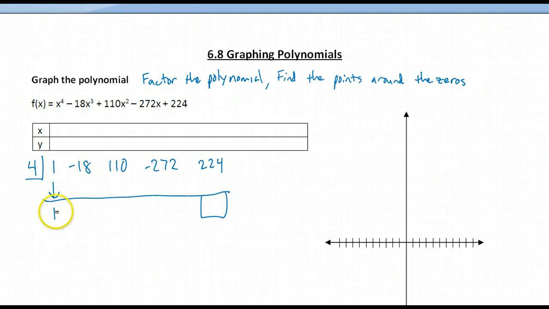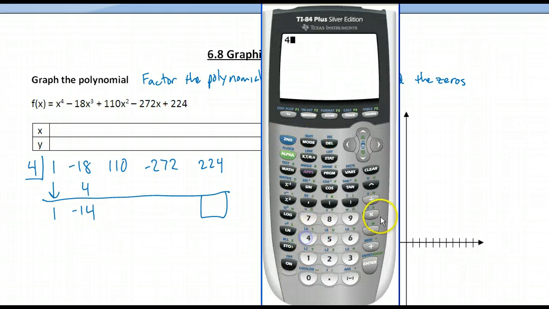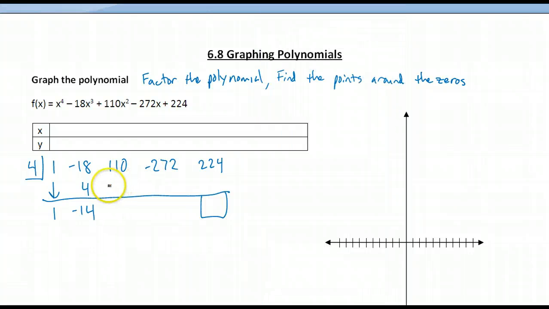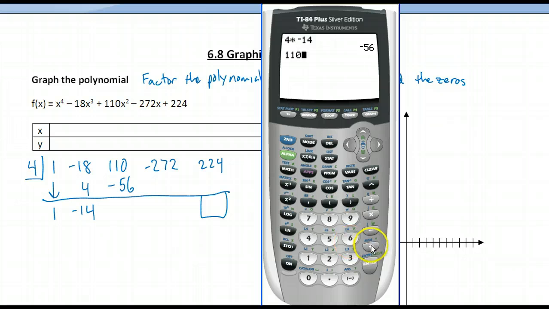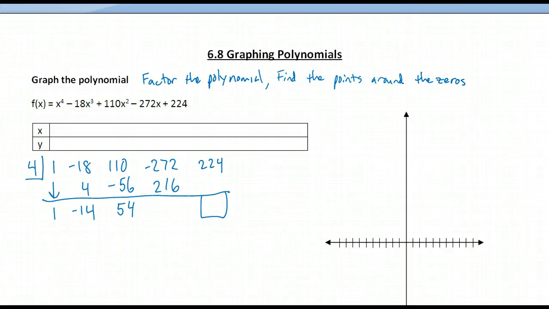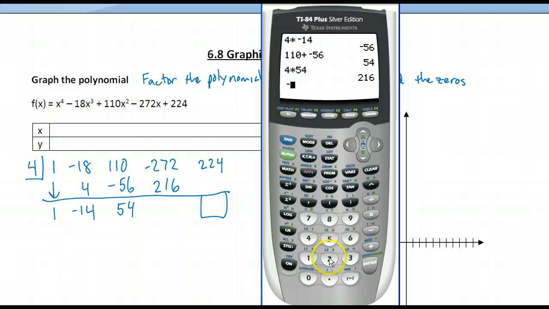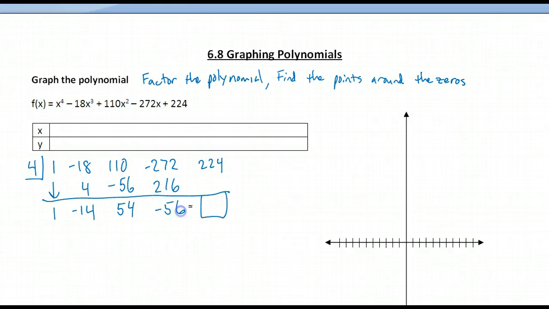Drop down the 1, multiply, add, multiply 4 times negative 14, negative 56, 110 plus negative 56, four times 54, add, multiply.